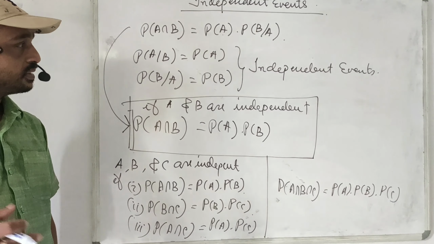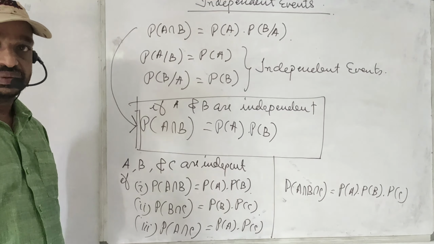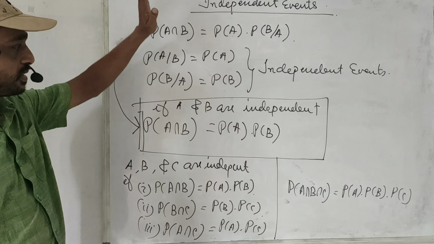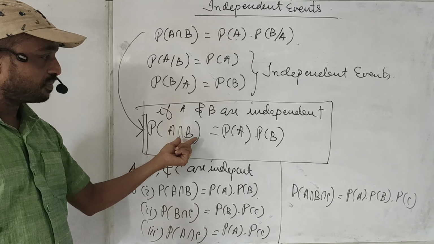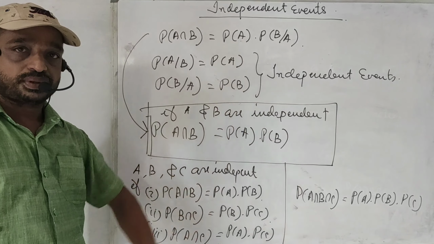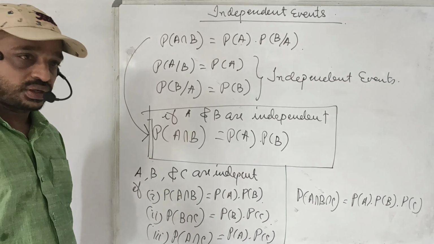Now I think the concept of independent events is quite clear to you. So what is meant by independent events? If A and B are independent, P of A intersection B is equal to P of A into P of B. If A, B and C are independent, what are the conditions?